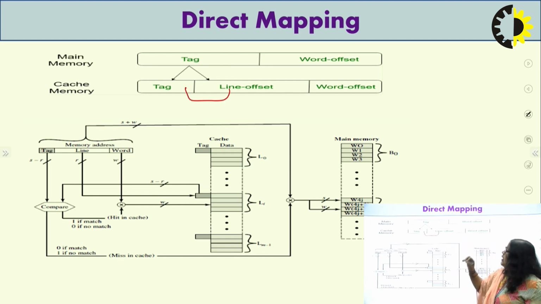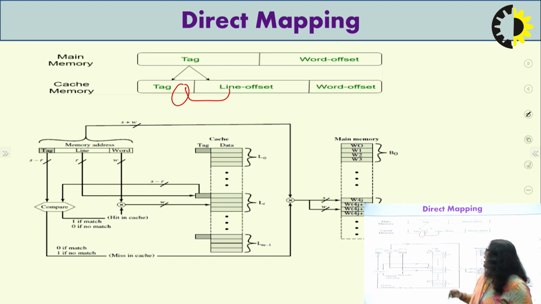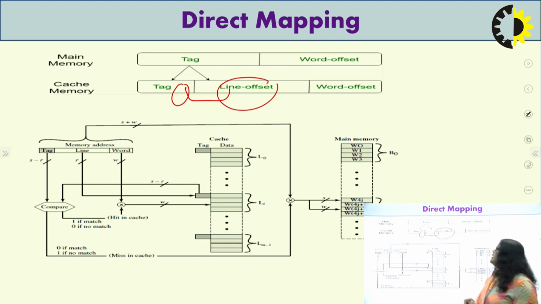Basically the tag is divided into two parts, the tag and the line offset. The tag defines the basic address and this defines the line offset. This is the basic scenario of the cache memory. This diagram shows how we divide the tag into the tag and line offset in the cache memory.